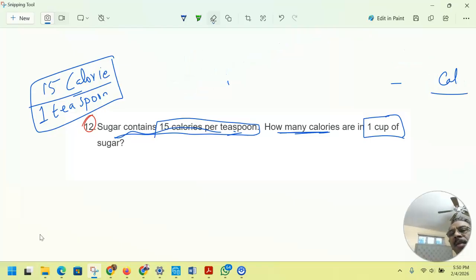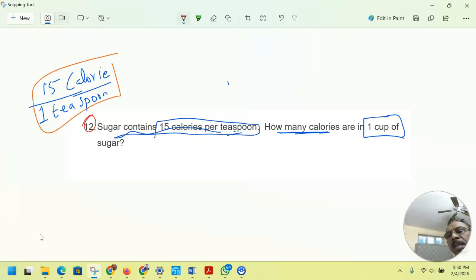So there are two ways you can do this. I always like to keep the rate as it is. So this I keep and I begin with this 1 cup. So let's start with 1 cup of sugar. Now I'm going to multiply by the conversion rate, this one.